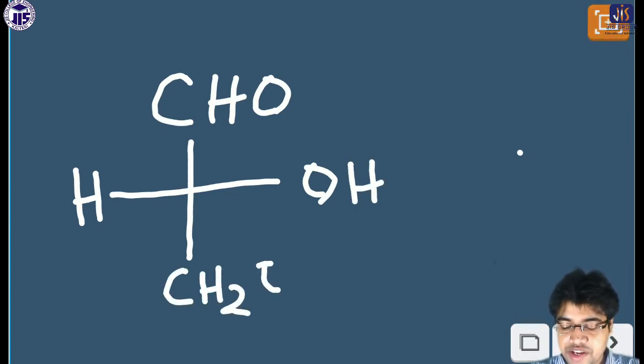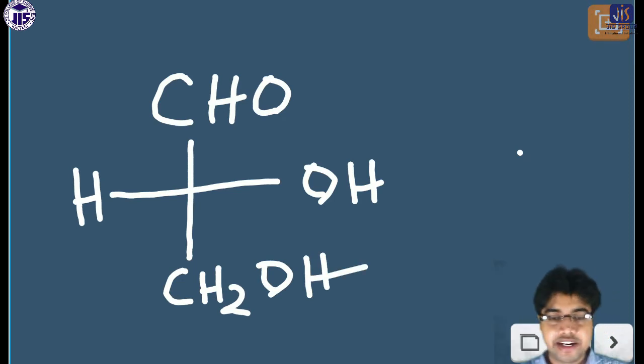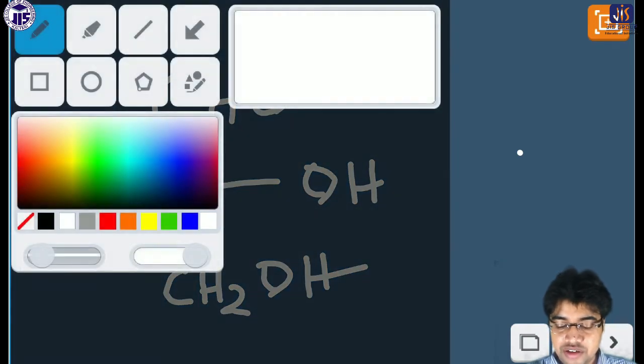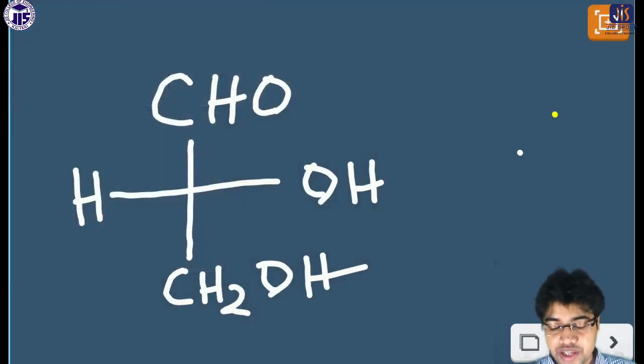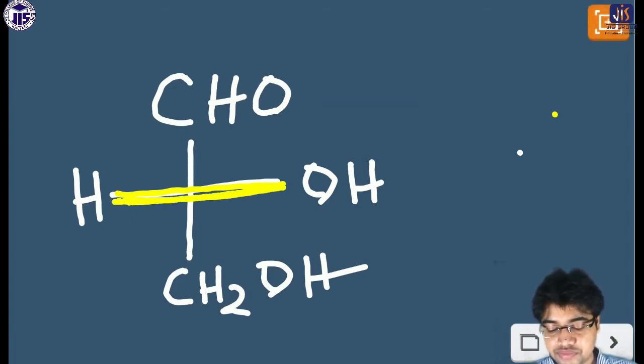Now what is the meaning of D and L? You have to keep in mind that if you take this as the axis, suppose it is the x-axis, then in which side of the x-axis direction is the most priority group, here the most priority group is the OH.